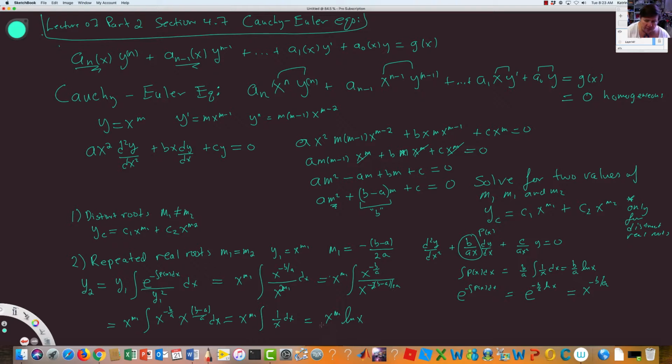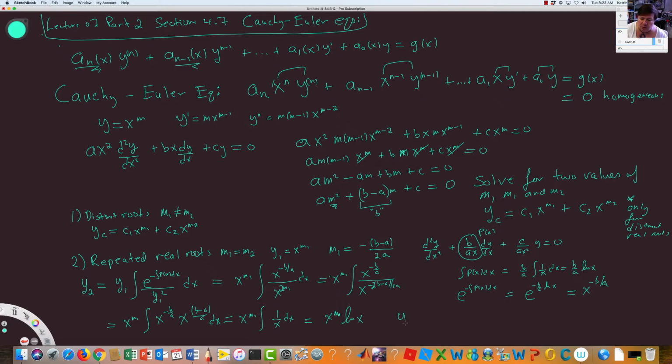And so I get x to the m1 ln of x. Okay, so here is the solution for our second linearly independent solution. Again, I could put in what m1 is, but I'm just not. So that's y2.